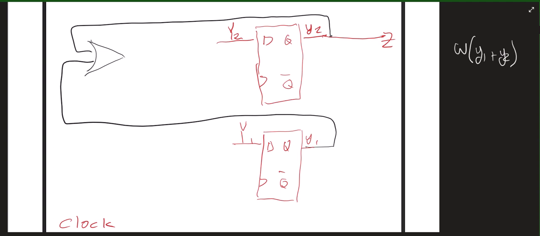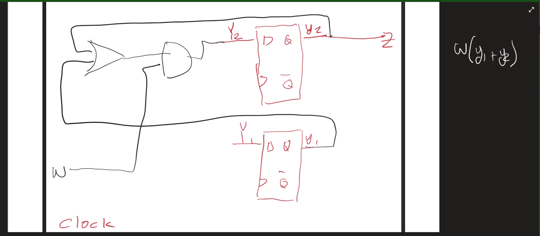That's this part right here. I have W, that's an input, and I need to AND it with that. And I think that works.